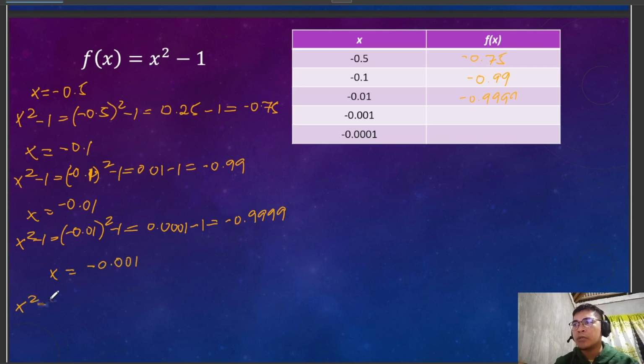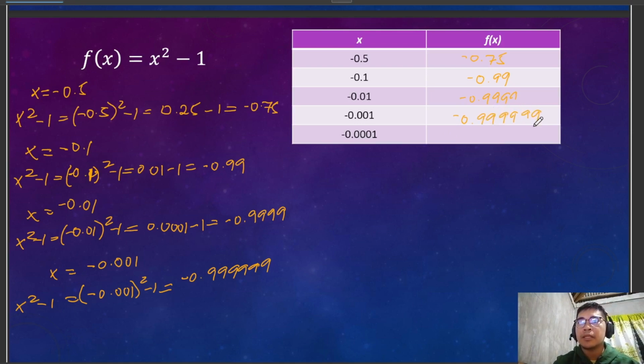So x squared minus 1 equals the square of negative 0.001 minus 1. So 0.001 times 0.001, minus 1, that is negative 0.999999. So there is a pattern actually.